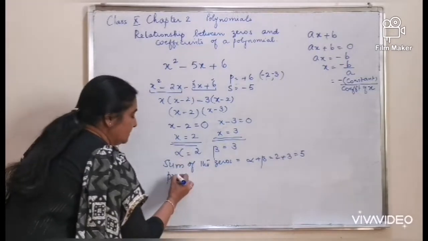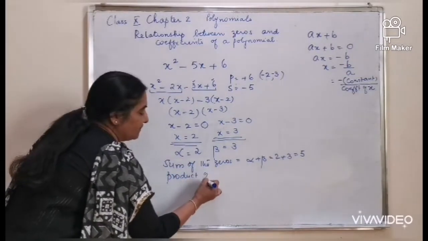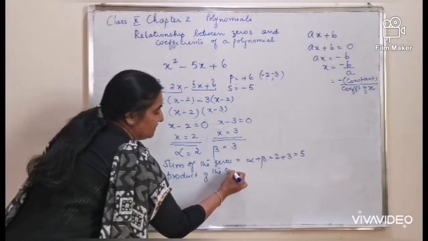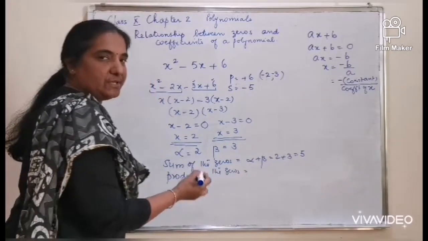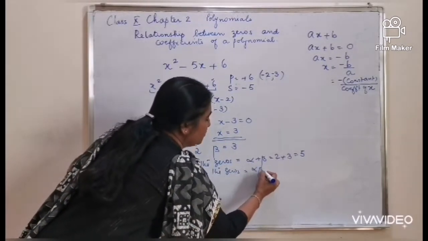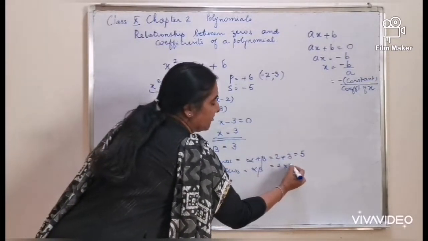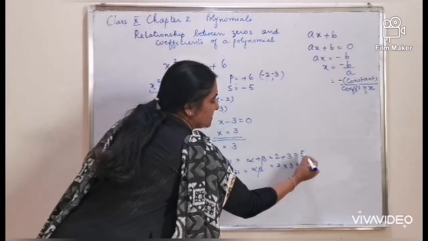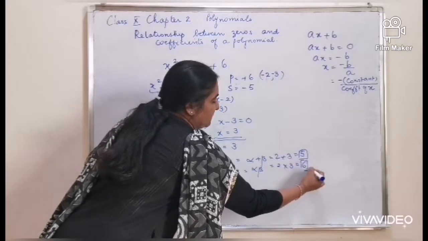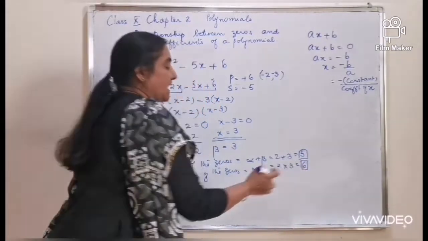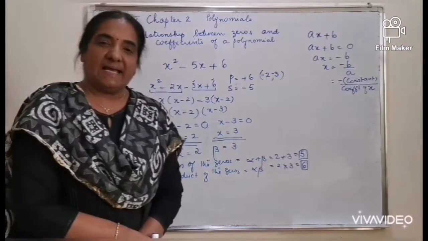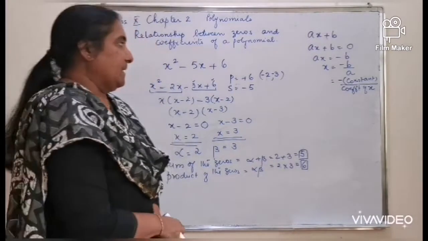What is the product of the zeros? The product of the zeros is alpha into beta, which is equal to 2 into 3, which is equal to 6. You got the sum of zeros as 5 and the product of the zeros as 6.